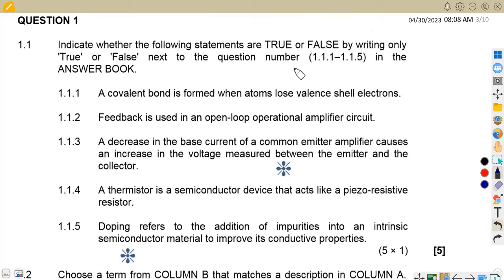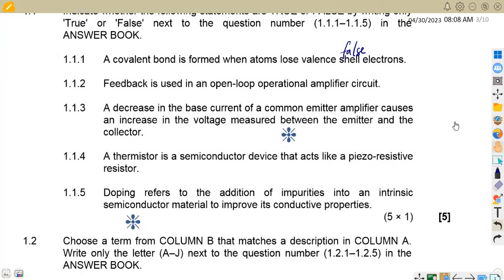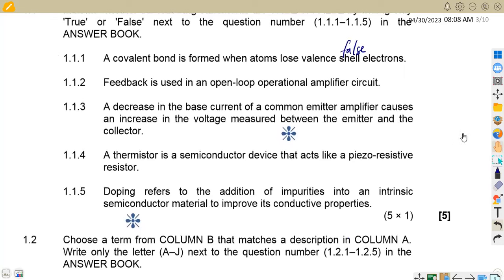A covalent bond is formed when atoms lose valence shell electrons. This is actually false. When atoms lose valence electrons, we are talking about the valence electrons. Remember, these are the electrons in the outermost shell.